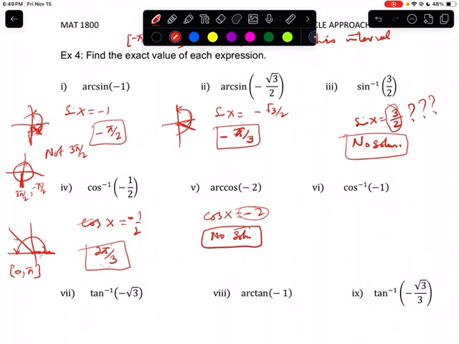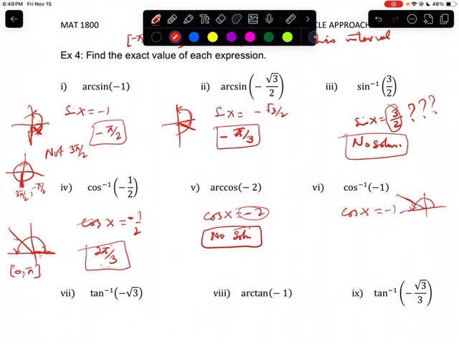Next is cosine inverse of negative square root of 2 over 2, which means cosine of x equals that negative value, and we have to be here. So again we will be in the second quadrant. The reference angle for this one is pi over 4.